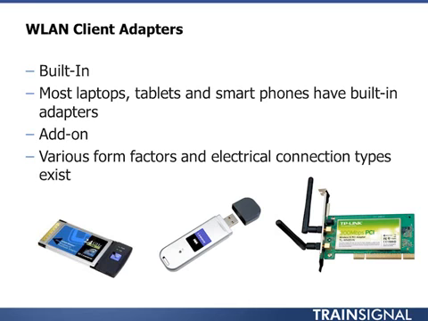It's also possible to buy adapters so you can add Wi-Fi to a device that's currently not wireless enabled. I recently connected my desktop on a wired connection. I have it wired in my home, but for various test reasons I decided to put a wireless adapter on it.